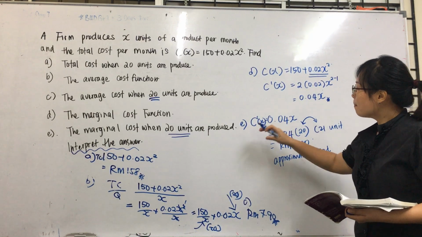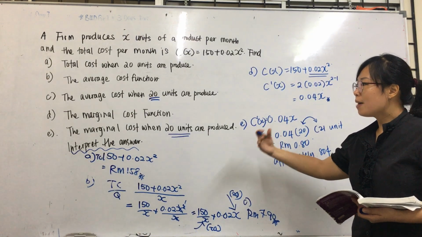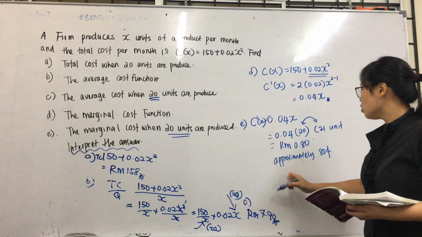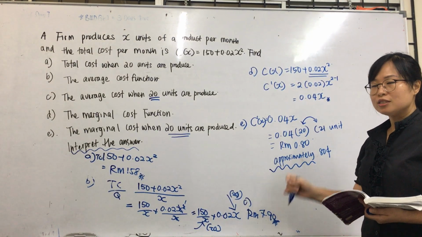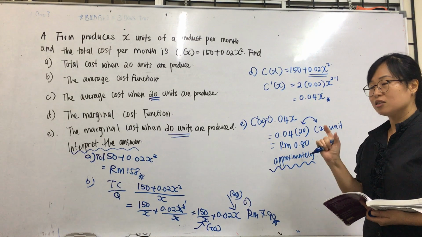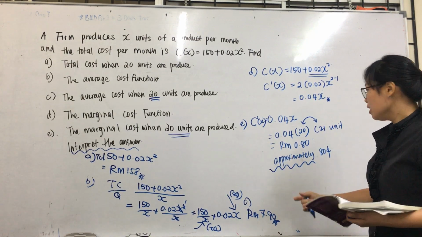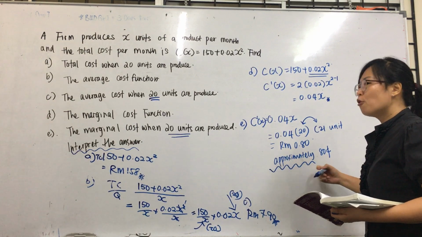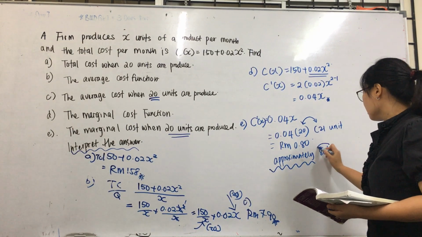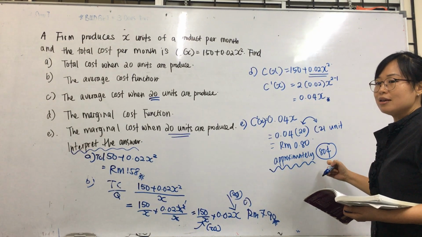Okay, so in marginal cost or marginal revenue, we will use the word approximate because it is not the fixed cost that we need to find out. So this is just the approximate cost, 80 cents.